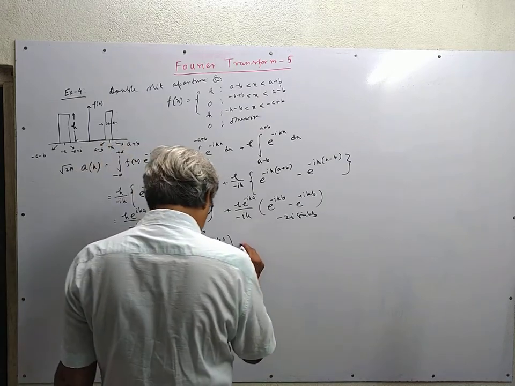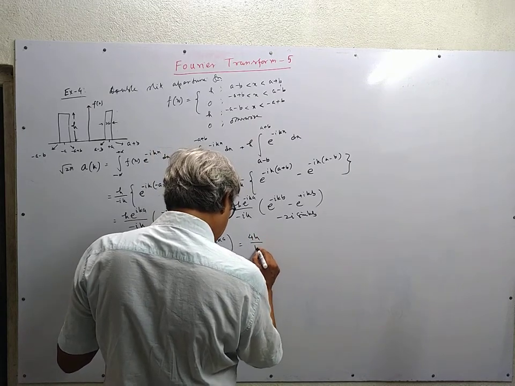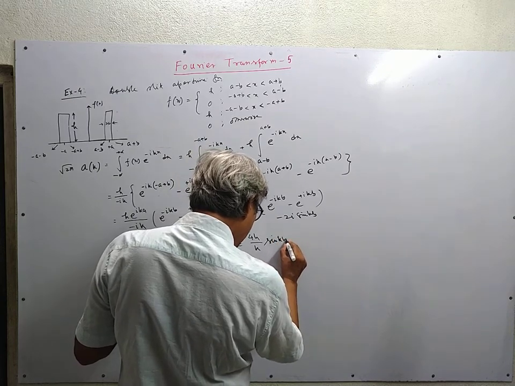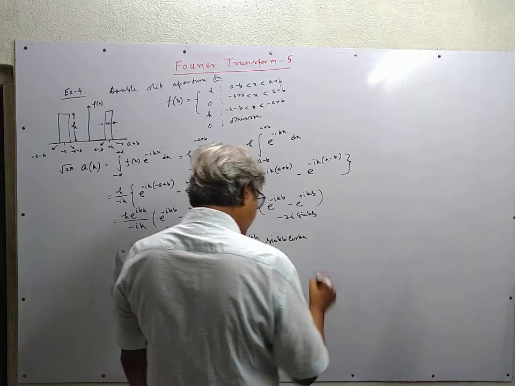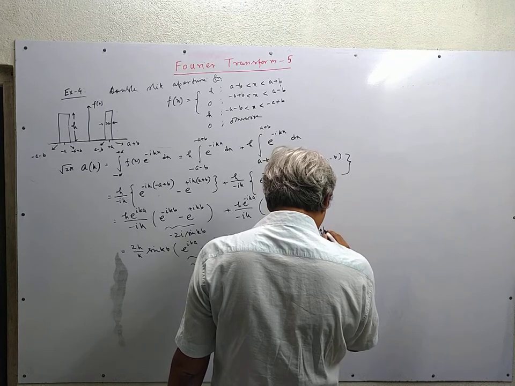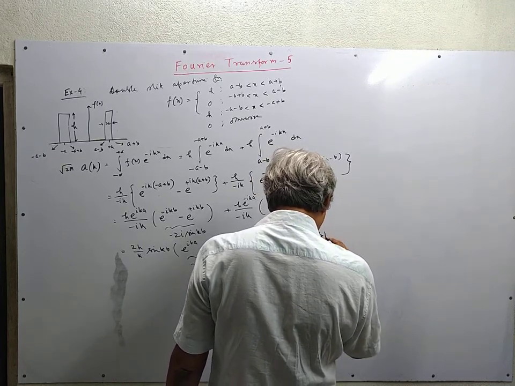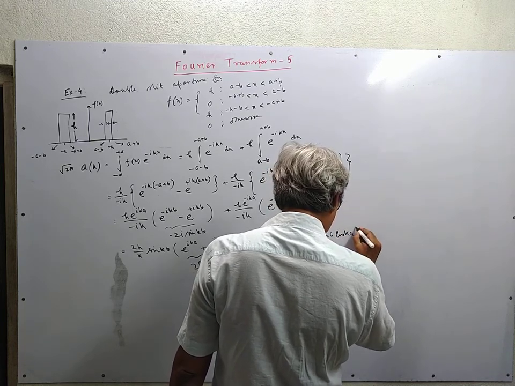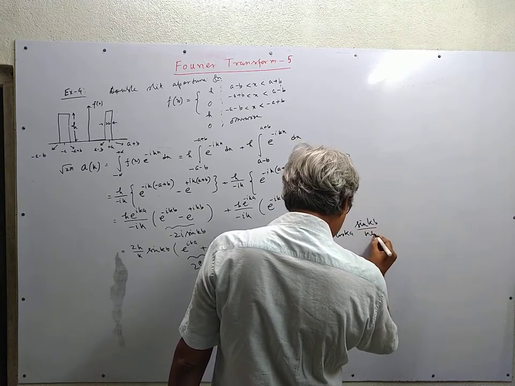So the result is 4h by k sin kb cos ka. If we write it with rearranging, this is 4ha cos ka sin kb by kb.